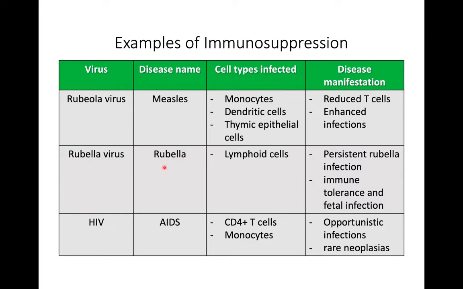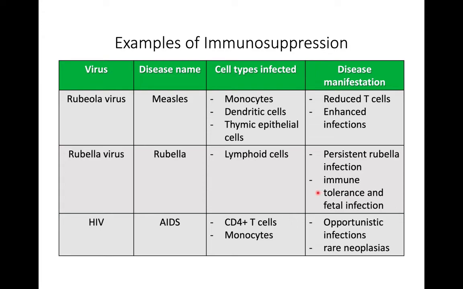Rubella virus, this is another part of the MMR vaccine. It's measles, mumps, and rubella. These viruses infect lymphoid cells, and they dampen the immune response so that a person can have persistent rubella infection and can have the virus replicating in them for a long time. As that happens, your immune system becomes tolerant of the virus.